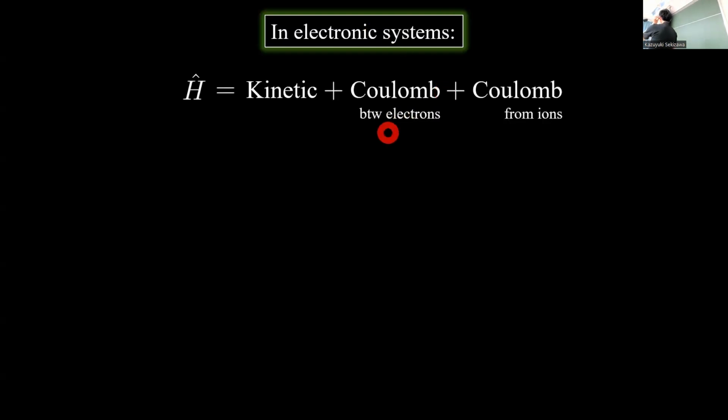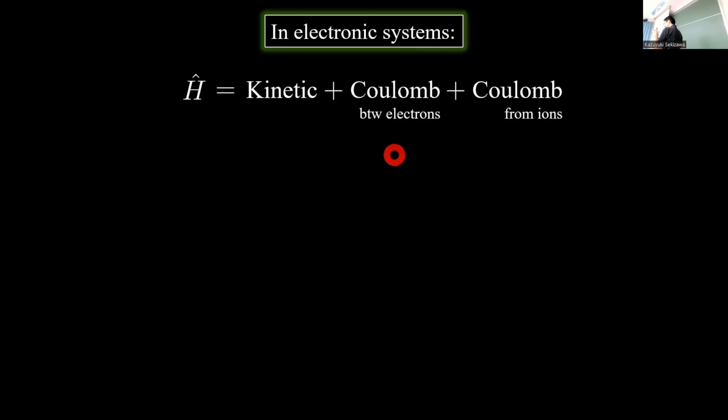In the case of the electronic system, the Hamiltonian is well known and well defined. It contains the kinetic term and the interaction term, which is nothing but the Coulomb interaction between electrons. So we know very well the interaction between the constituent particles, electrons.